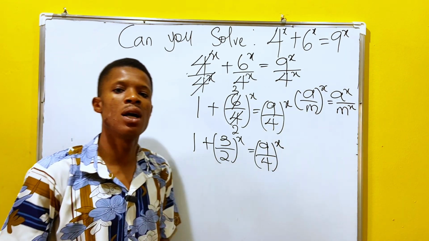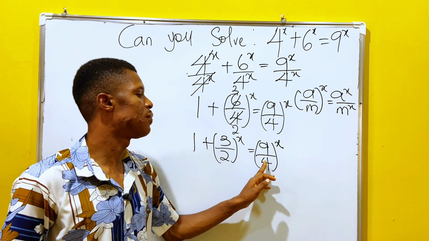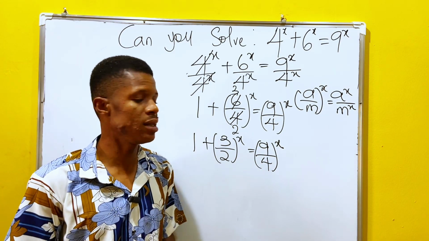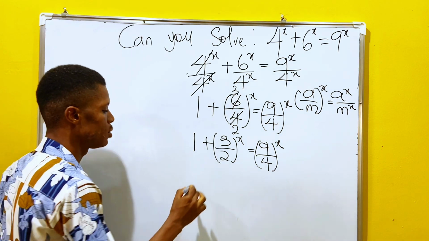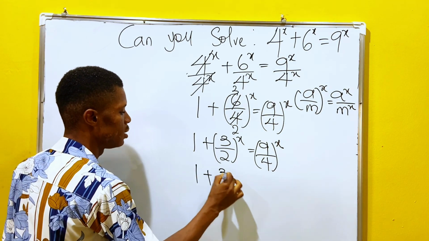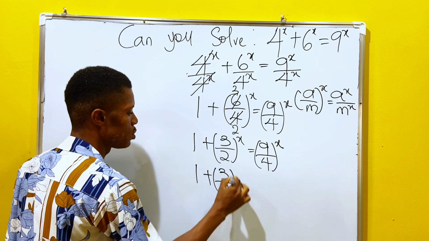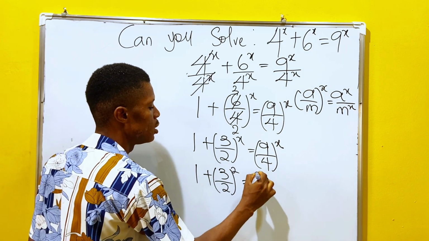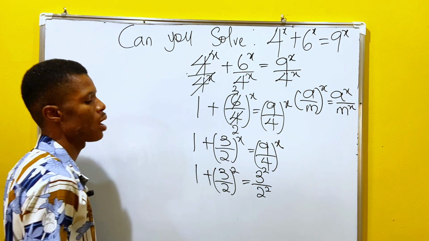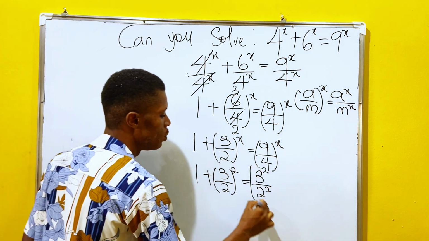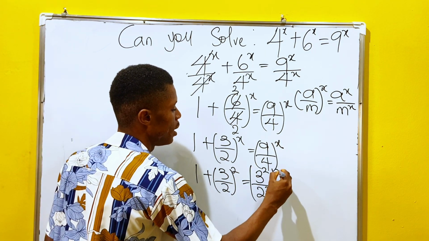Okay, let's do a little work here. 9 can be seen as 3 squared, right? And 4 can be seen as 2 squared, right? So we write it to be 1 plus 3 over 2 all to the power of x is equal to 3 squared over 2 squared. Okay? Remember, all will be raised to the power of x.